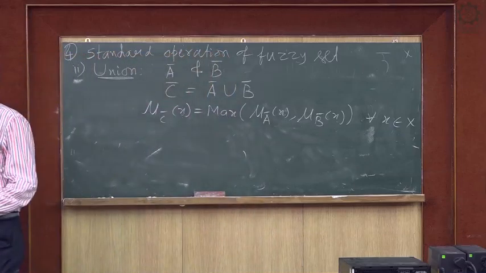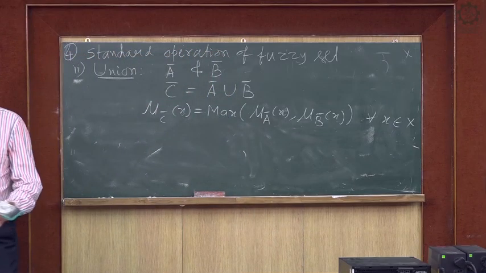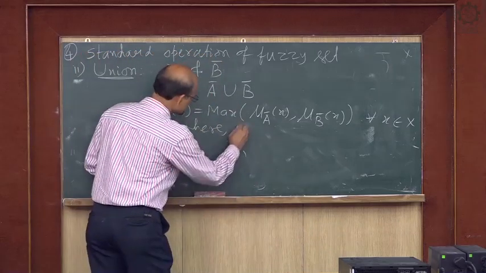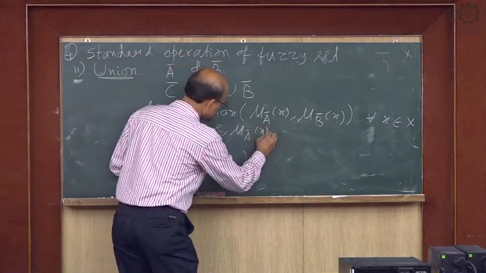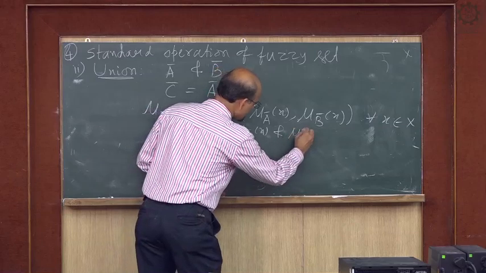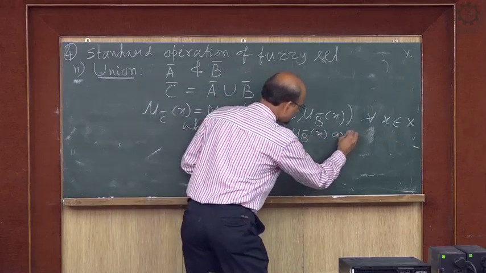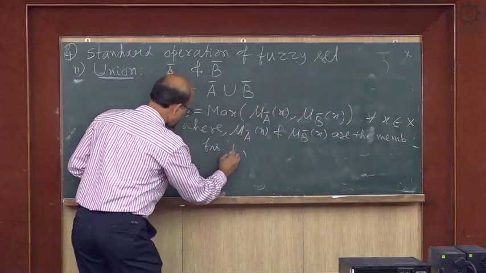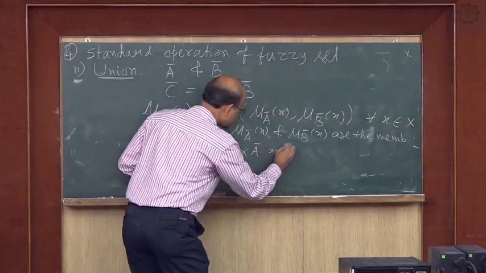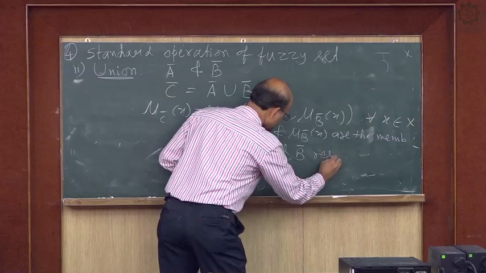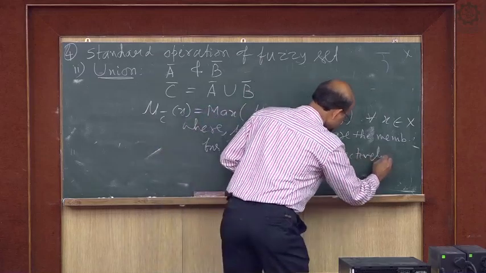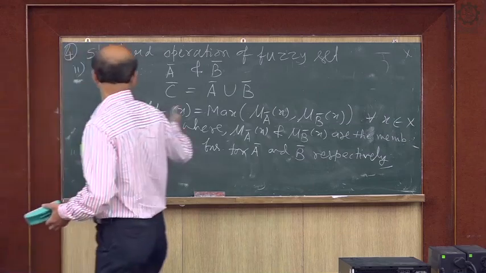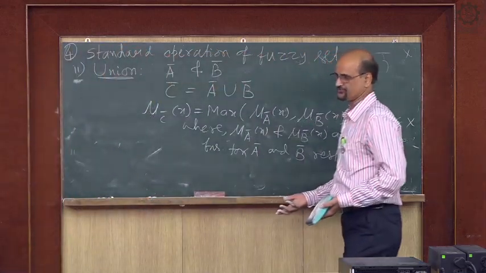Understood? Very simple. You have two fuzzy sets A bar and B bar, where mu A bar x and mu B bar x are their respective membership functions. You only have to take the maximum of these two values.